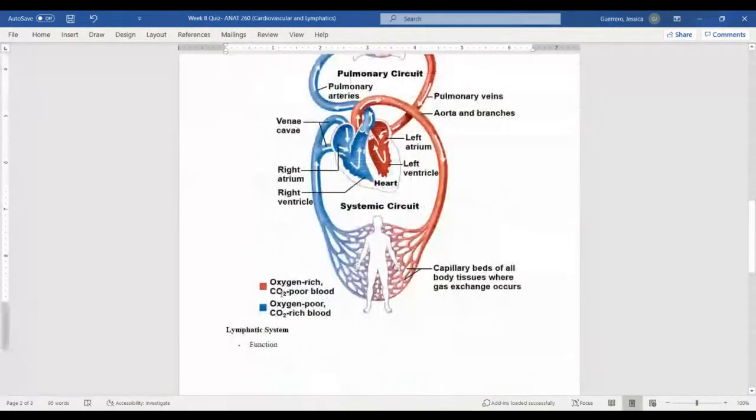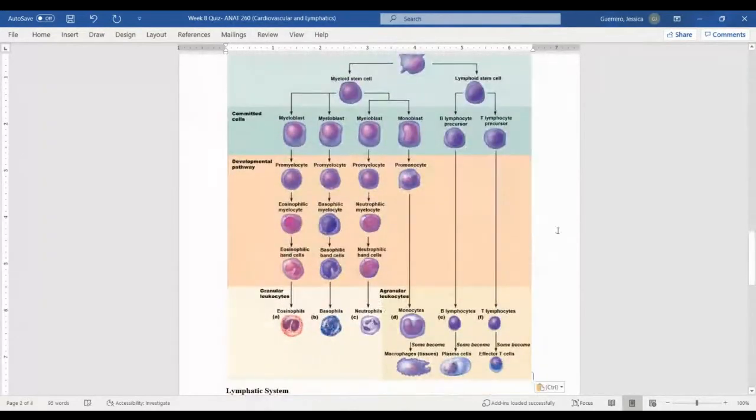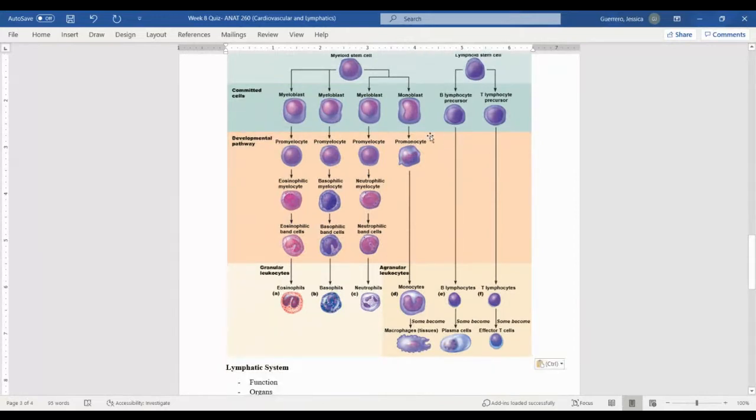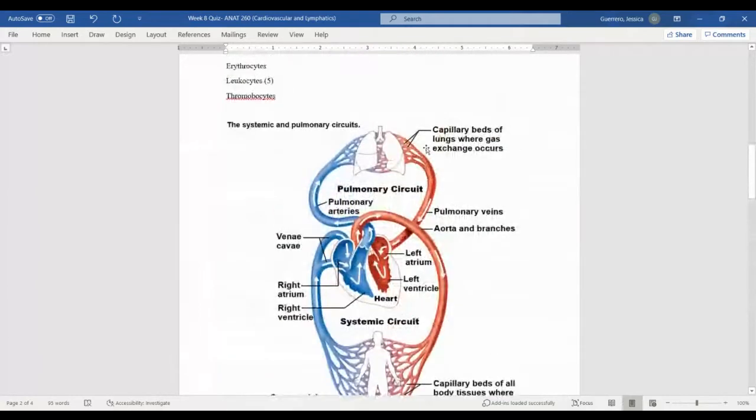There, and I would also use this in the lymphatic system as well, because these are talking about the different types of leukocytes. So you can see that.